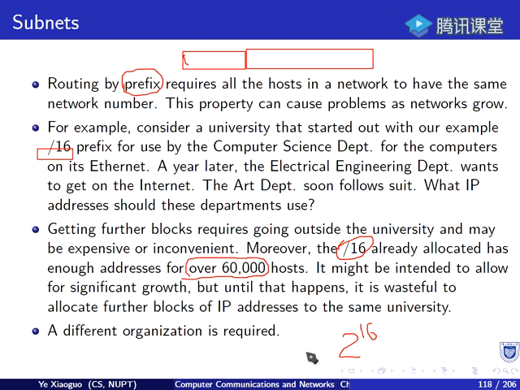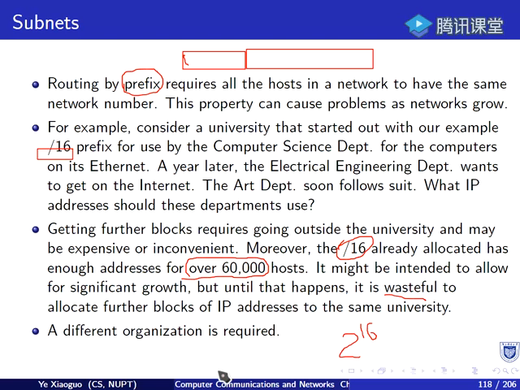So this prefix has 2^16, about 64,000 hosts. It may be intended to allow for significant growth, but until that happens, it is wasteful to allocate further blocks of IP addresses to the same university.